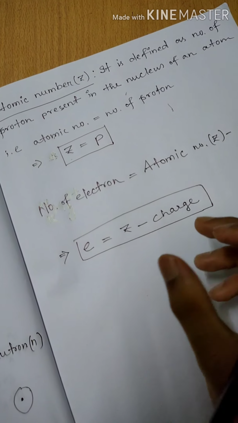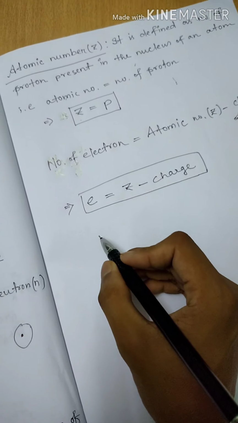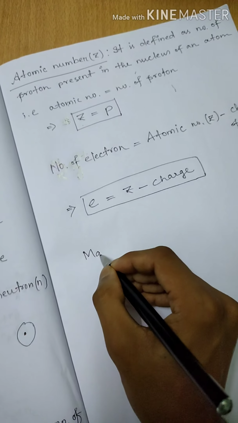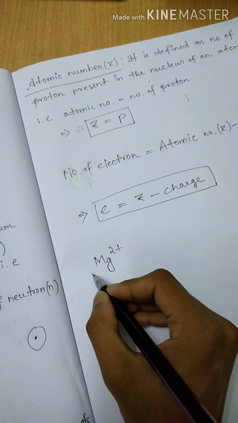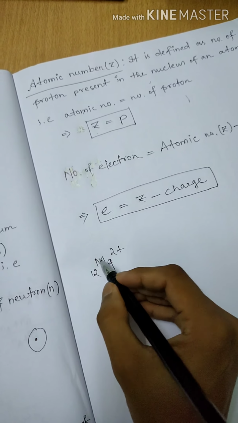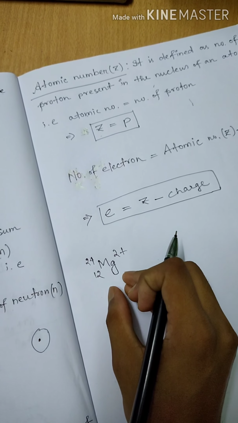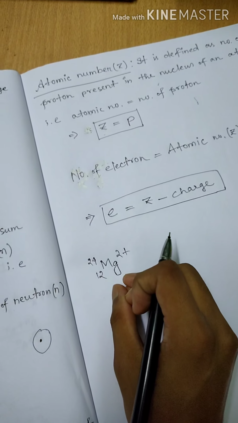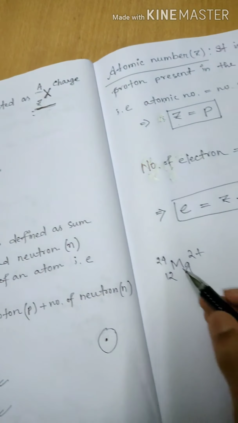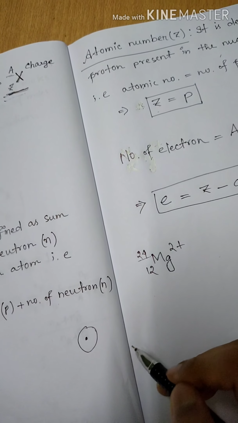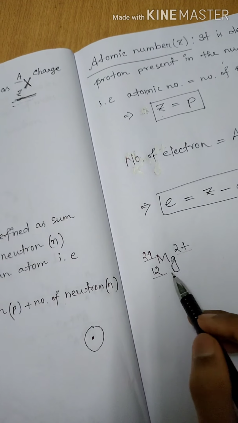Now let us take an example. Magnesium dipositive: the atomic number of magnesium is 12 and the mass number is 24. So we have written this atom in this form. Here 24 is the mass number, 12 is the atomic number, and plus 2 is the charge of this atom.